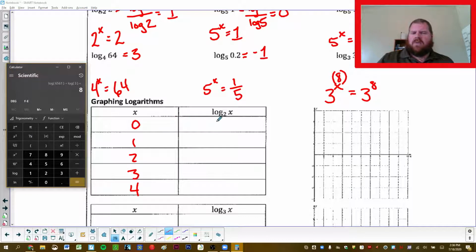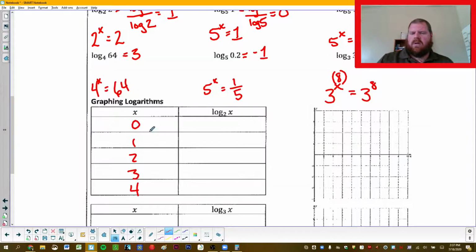Actually, I don't know if 0 is going to work. Yeah, 0 does not work as an input, so instead I'm going to use 1 through 5. And we'll see why 0 doesn't work once we get to graphing it.